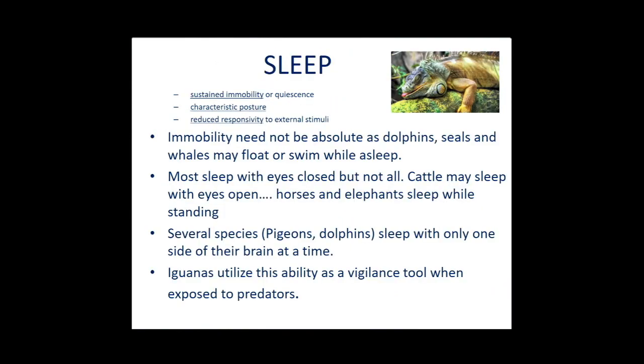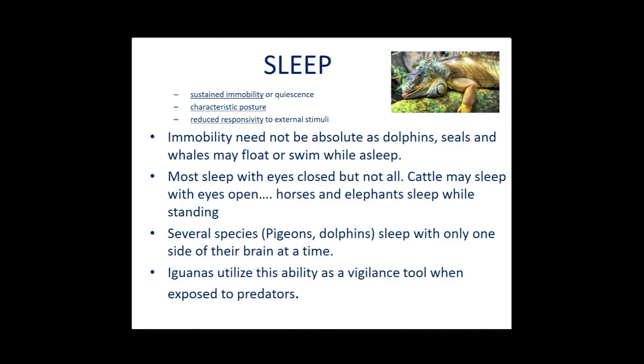So we talked a little bit about immobility, and we talked about the idea that most sleep with their eyes closed, but not at all. Several species sleep with only one side of their brain. And the iguanas are a model which they sleep on one side of their brain only when they're exposed to prey.